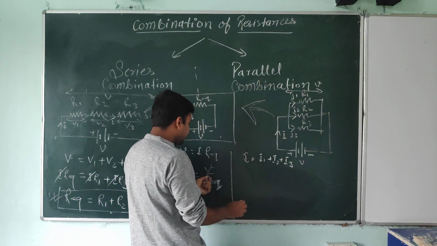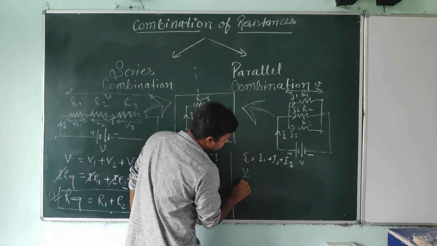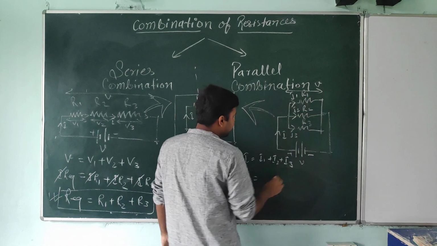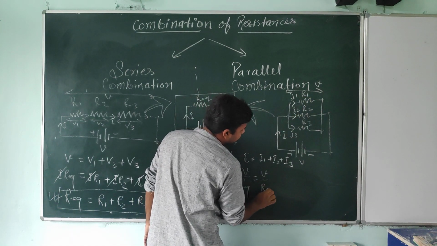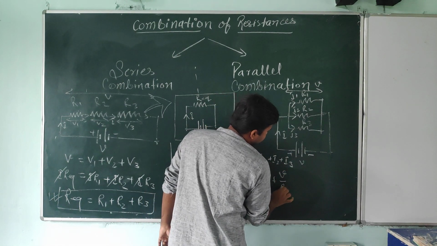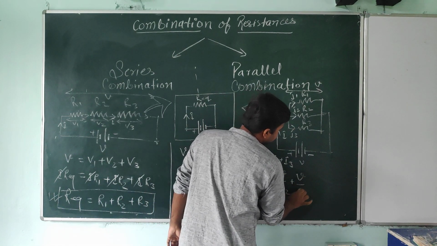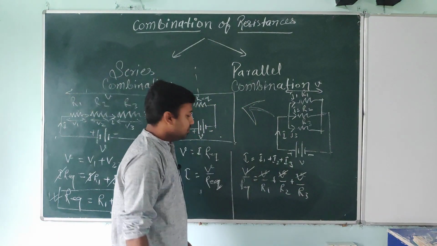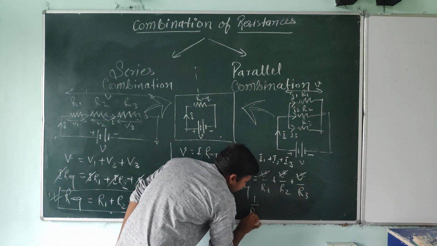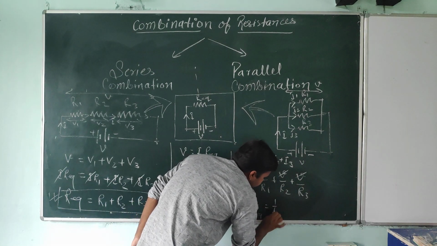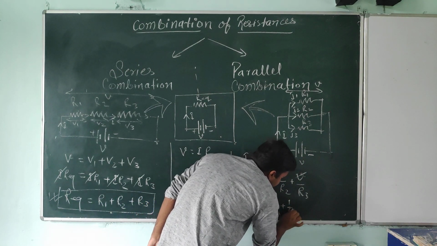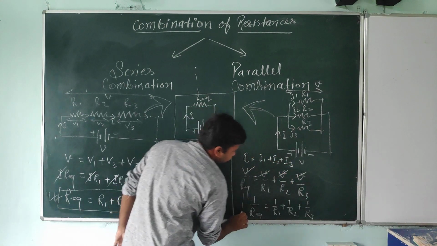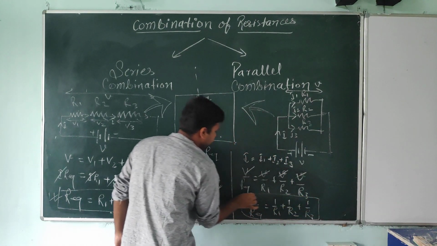First I am writing the value of I, it's V by R equivalent, is equal to I1 plus I2 plus I3, what I told you, it's V by R1, V by R2 plus V by R3, is it or not? This V will cancel out. So what you will get, 1 by R equivalent equals 1 by R1 plus 1 by R2 plus 1 by R3. I suppose you all understand.